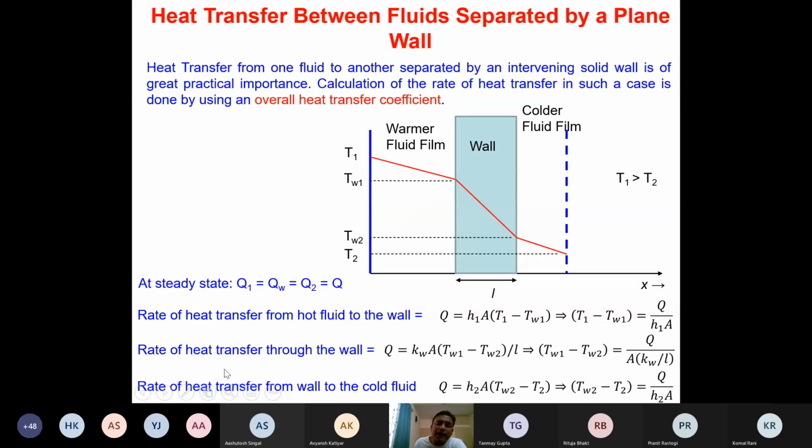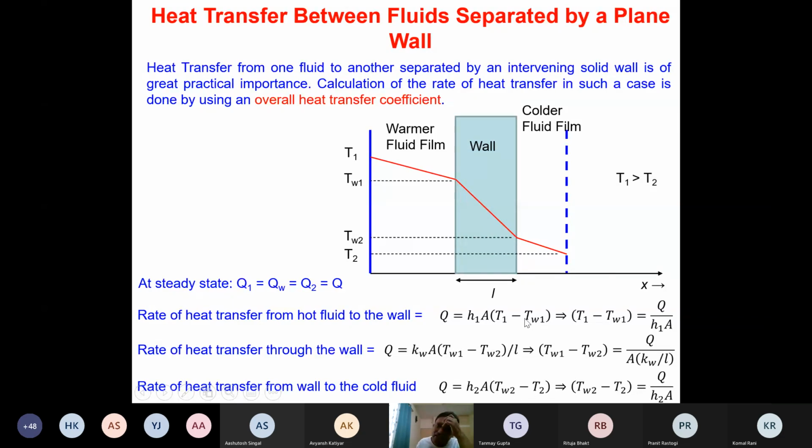Again, similar to this, the rate of heat transfer from the wall to the cold fluid can be given as Q equals H2A, Tw2 minus T2, and again here you can see this is obtained using Newton's law of cooling. So H2 is the heat transfer coefficient along this cold fluid, and A is the cross sectional area, and delta T, which is nothing but in this case Tw2 minus T2.